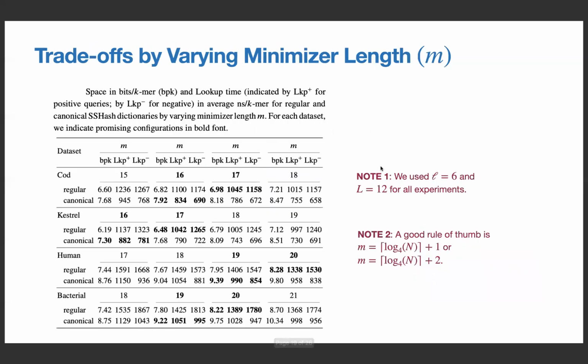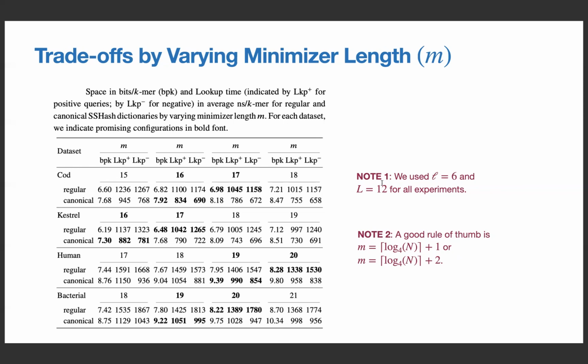So first of all, the tuning of SSH, namely the trade-off obtained by varying the minimizer length, M. Here we have a trade-off because small values of M create longer and fewer super k-mers, which is better for space, of course, but small minimizers also have a higher probability of repeating in the DNA strings. So it means that buckets will be larger on average, thus also increasing the query time.